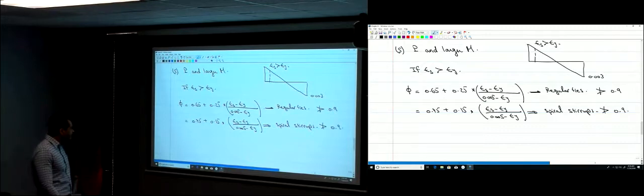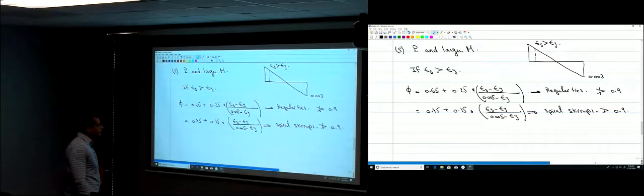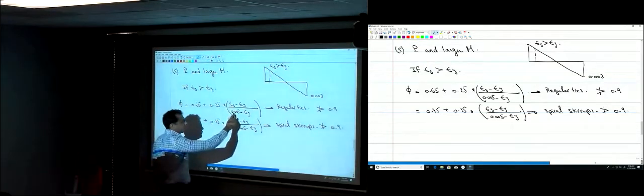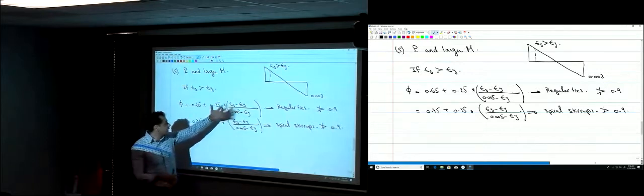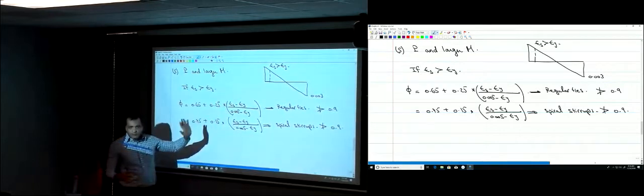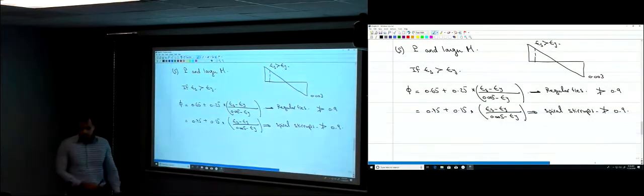The maximum value of phi is 0.9. Can it be larger than 0.9 from the equation? If epsilon steel is larger than 0.005, then it's going to be larger than 0.9, but you know the limitation: phi cannot be larger than 0.9. If epsilon steel is larger than 0.005, then you just take phi as 0.9. You don't go beyond 0.9.